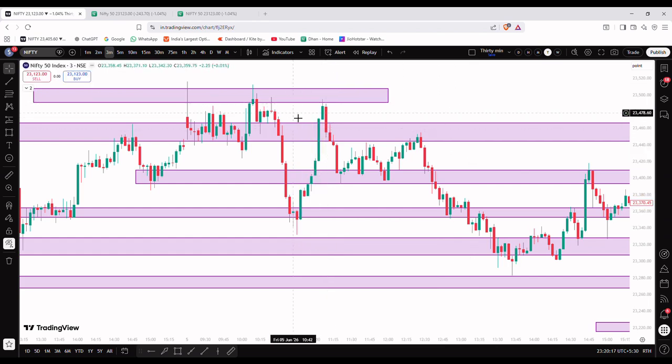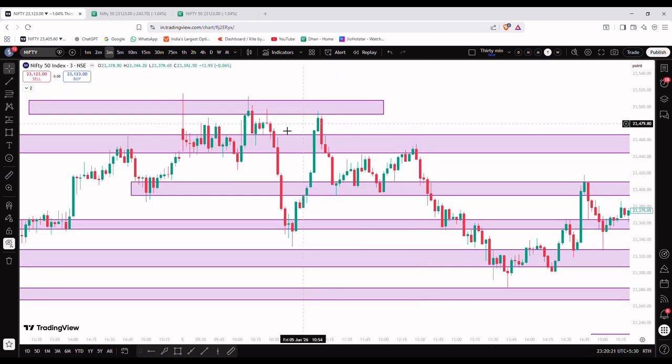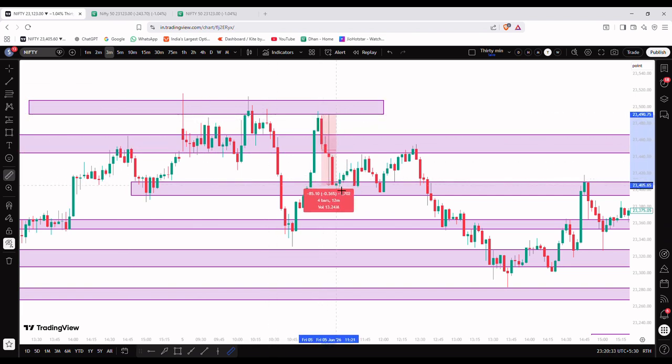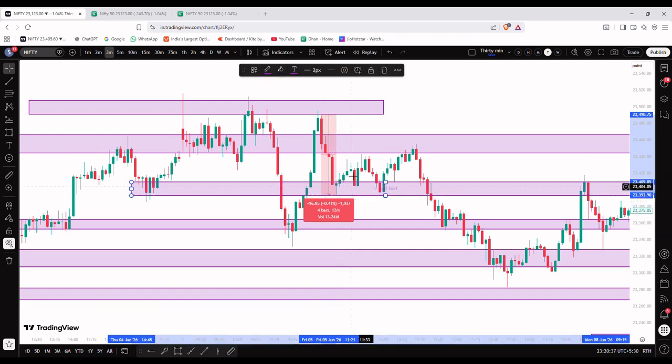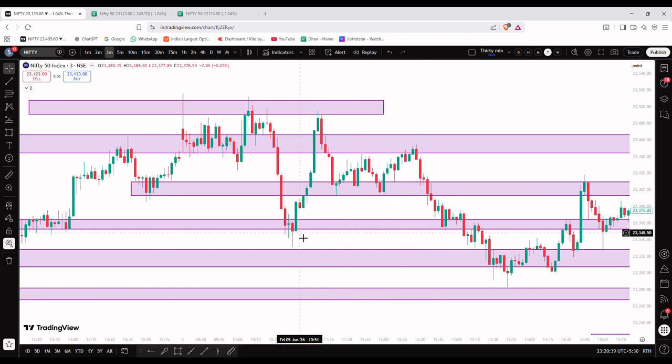After that, you could have taken a rejection trade here, that is a put trade, because in the morning it took multiple rejections here, so the probability of it actually coming down is very high. With that intent, you could have taken one put trade where you could have easily made about 90 points. So on the call side 140 points, on the put side about 90 points.